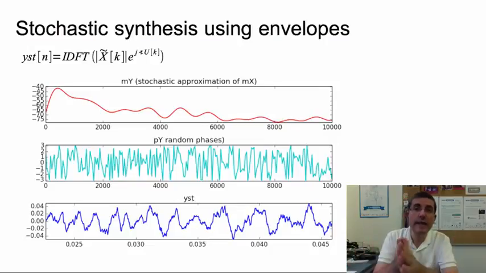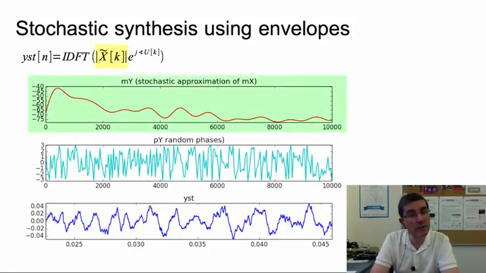But if we obtain an approximation using the low-pass filtering approach that we mentioned, we can synthesize the sound directly by computing the inverse DFT. Here we start from our approximation of the spectrum of the original signal, which is basically this smooth version of the signal, the low-pass filter approximation.